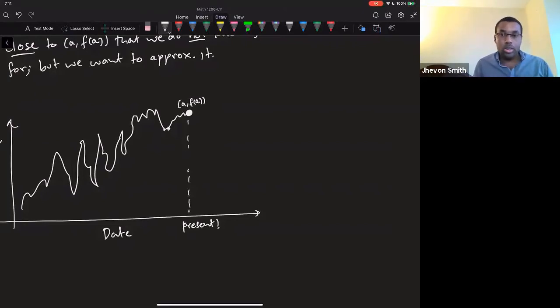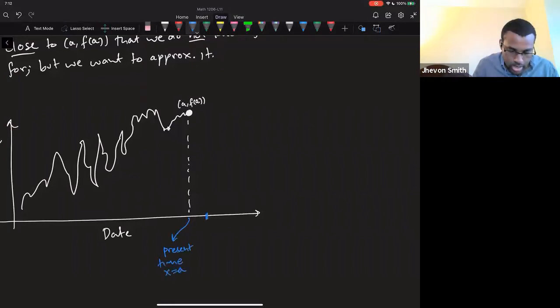So the thing is, though, it's unpredictable. You don't know what it's going to do in the future. However, extreme changes usually don't happen, at least they don't happen in very small time windows. So let's say you are at the present here, at time x equals a.